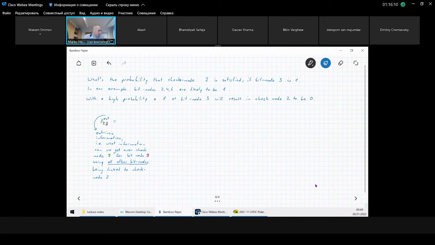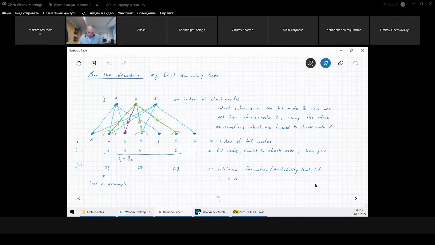Let's write first. So of course, we will also have here an observation of my bit node 3 and the probability of my bit node 3 to be a 1. But notice we don't use this here. I just want to know what can we tell about bit node 3 from the observation of the other bits. So I want to get extrinsic information on the bit that I'm currently looking at.